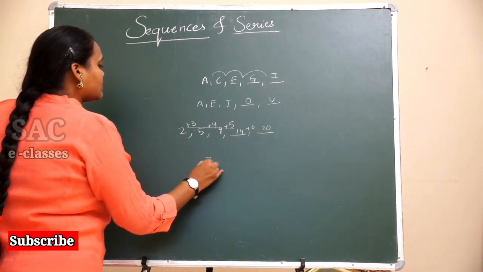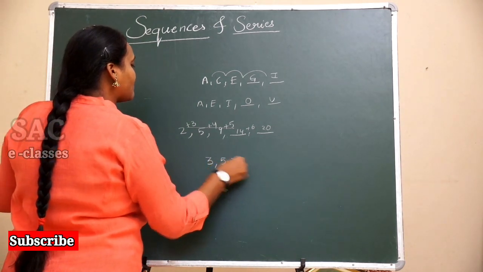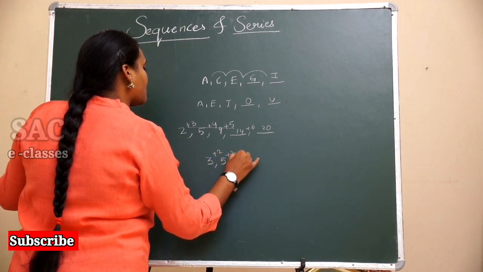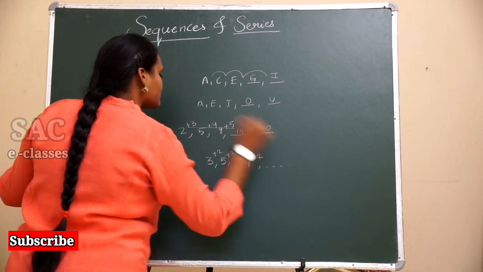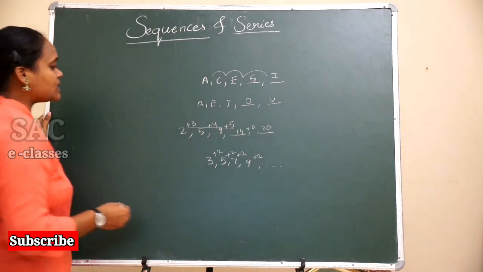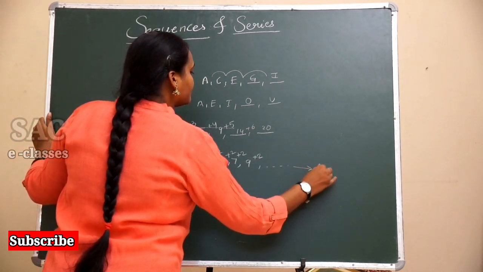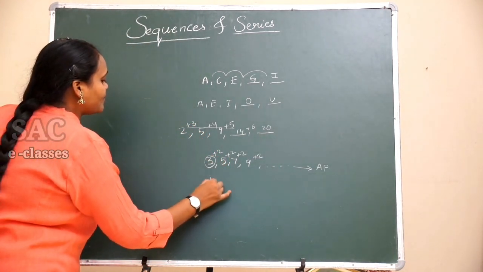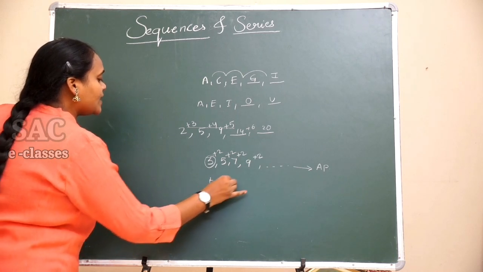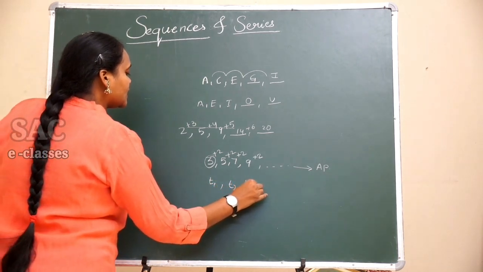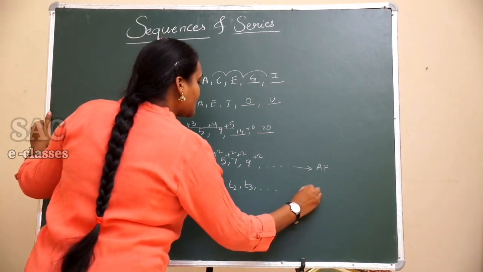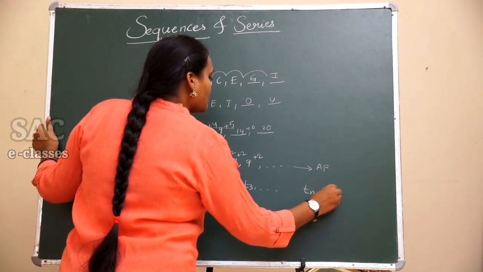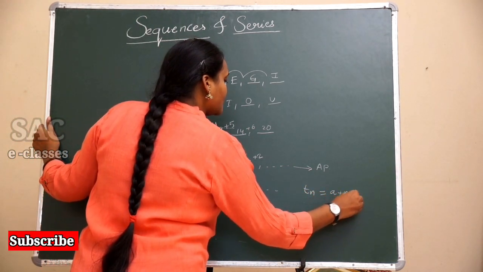For example, 3, 5, 7, definitely here I am adding a fixed number to it. In that way, we call this an arithmetic progression, simply called AP. Usually terms of progressions are taken as T1, T2, T3 and so on. And the general term or nth term of the AP is called Tn. Tn can be found out by using A plus n minus 1 into D.